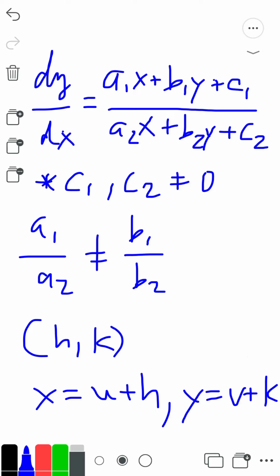Since c1 and c2 are 0, then we can just substitute v equals u times something, like when c1 and c2 are equal to 0, we substitute y equals xv. Same thing here. After substituting, you will see that the c1 and c2 will just vanish.